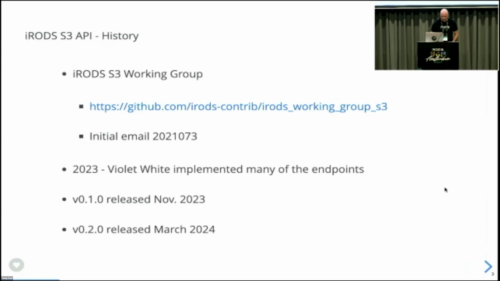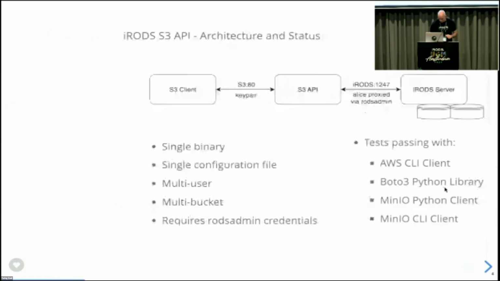Finally, in November of last year, we got the inputs all working, and we had 0.1.0 released. And then in March of this year, we released 0.2.0, which added Multipart support.